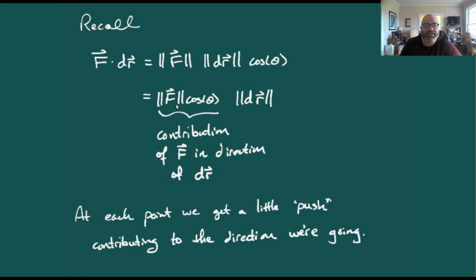Well, the length of F times the cosine of theta is exactly the contribution of F that's in the direction of our dr. So at each one of these points along the curve, our vector field is giving a little push, either in that direction or maybe opposing that direction, so it's either contributing or taking away from the direction that we're actually going.